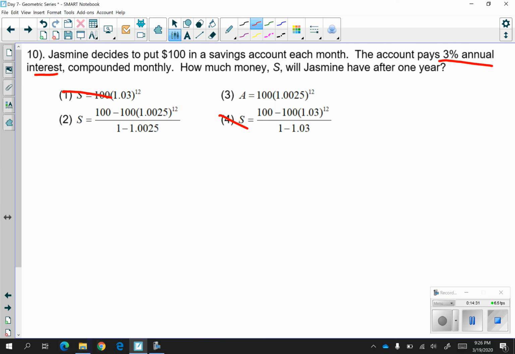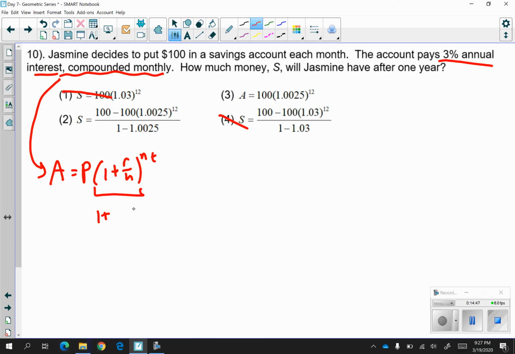We're talking about compound interest, right? The formula for compound interest is A equals P times (1 plus r over n) to the nt. Now, this part in here is really 1 plus our rate, which is 0.03 for 3%, and your n is going to be 12 because we're compounding monthly, right?